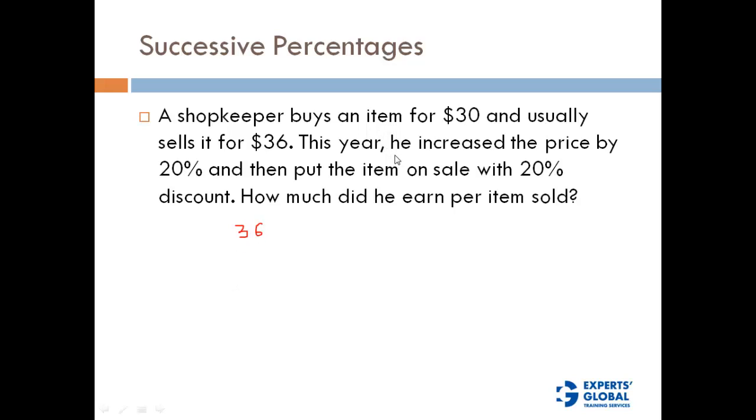But this year he increased the price by 20%. So we have to increase. What would be the price after 20% increase? This 36 will become 36 into the formula that we saw, 1 plus 20% increase, 20 by 100, correct? So that means it becomes 36 into 1 plus 0.2, right?